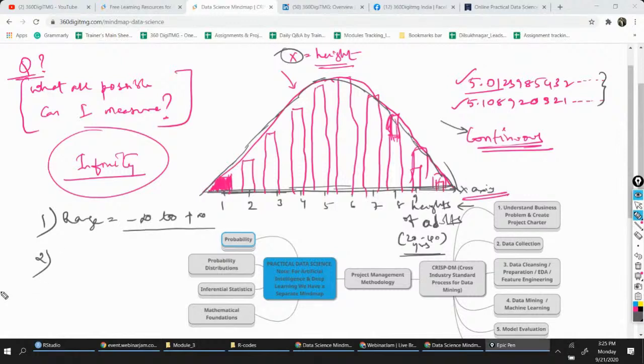The second property, very interesting. Let's see how many of you will understand and answer this. What is the probability of me finding a person, let's say exactly 5 feet tall? Let's see who will answer this. I want to find a person who is exactly 5 feet tall.